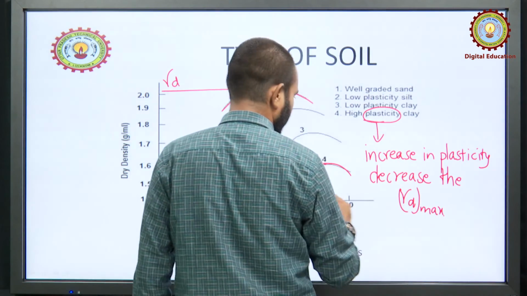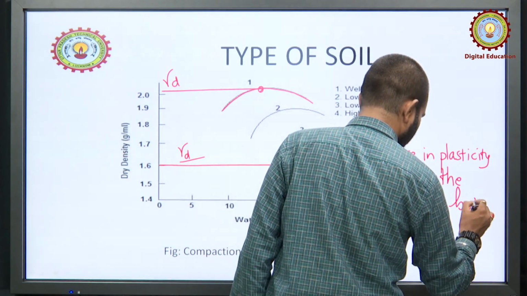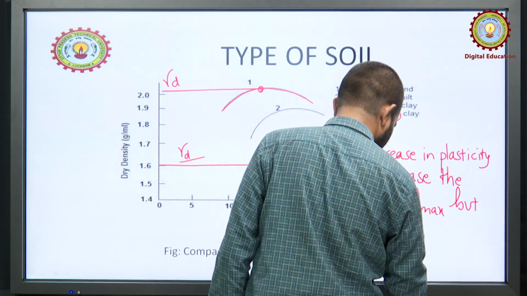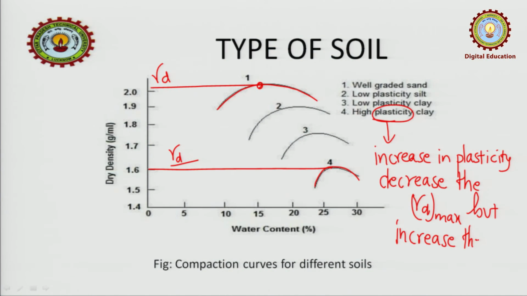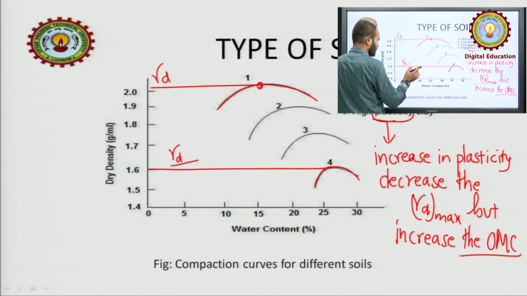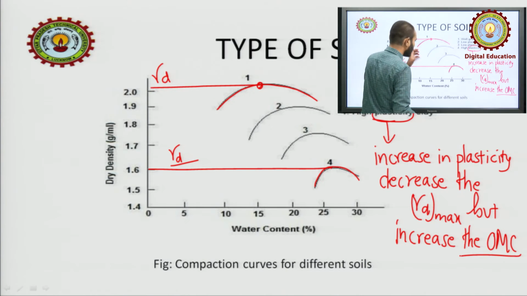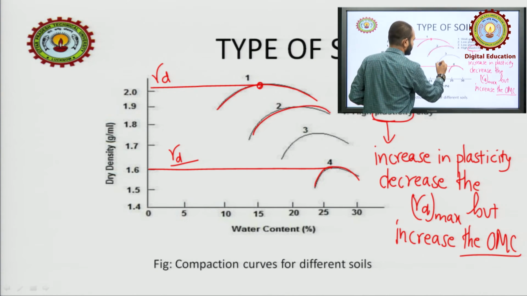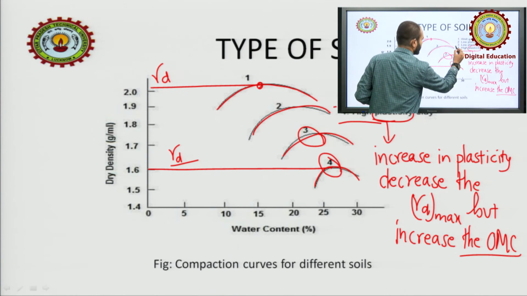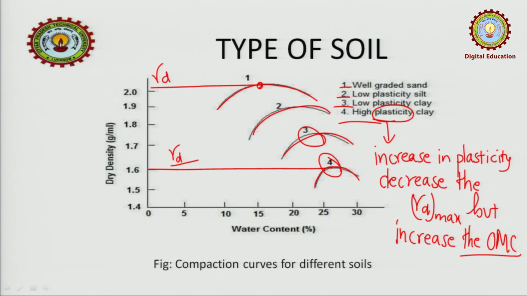Okay, but what will it do? Increase the optimum moisture content. Okay. So this was the one drawback, you can say the conclusion, which we can draw from this graph. You can see, this is for sand, then this is for silt, then this is for clay, this is of low plasticity, this is of high plasticity, as written here. So further let us move on.